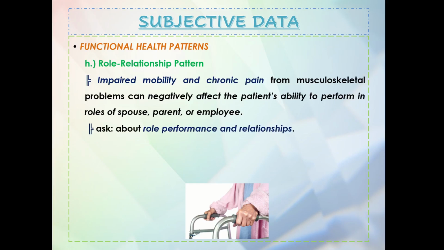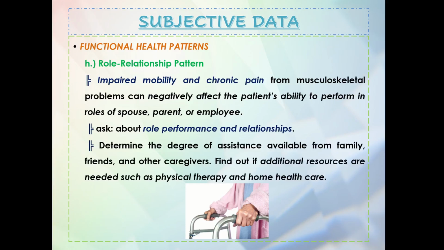So you have to ask about role performance and relationships. Kasi baka nagkakaroon ng stress when it comes to the relationship dahil nga hindi niya matugunan yung kanyang role. Okay? Next, determine the degree of assistance available from family, friends, and other caregivers.